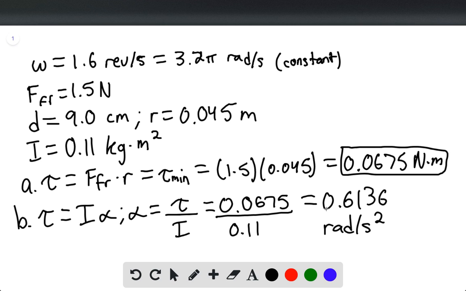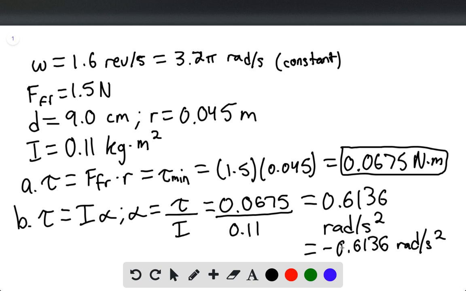Now again, this is going to be slowing down. So because this is slowing down, this is actually going to be negative. So we can say equals negative 0.6136 radians per second squared.